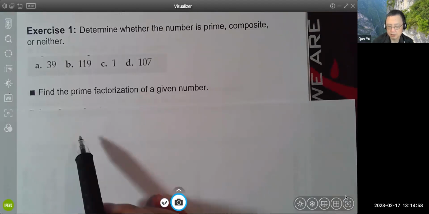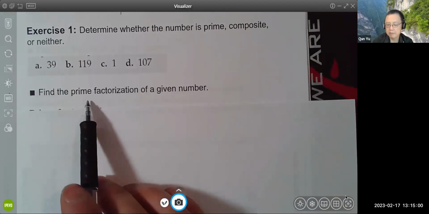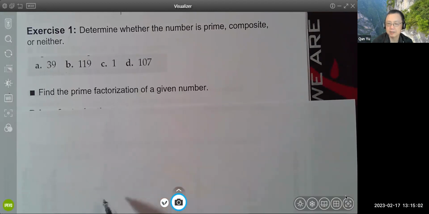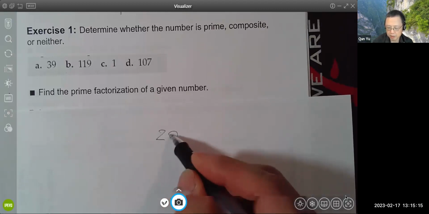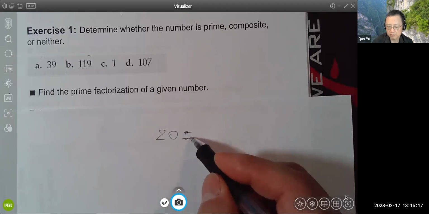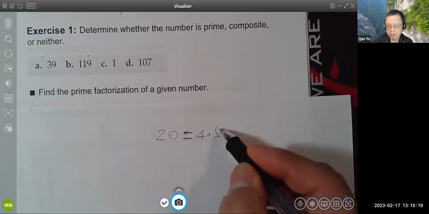Next topic is that we want to find the prime factorization of a given number. In other words, we want to factor a given composite number into prime factors only. What does that mean? I'll give you a quick example. 20 can be factored into 4 times 5, right?